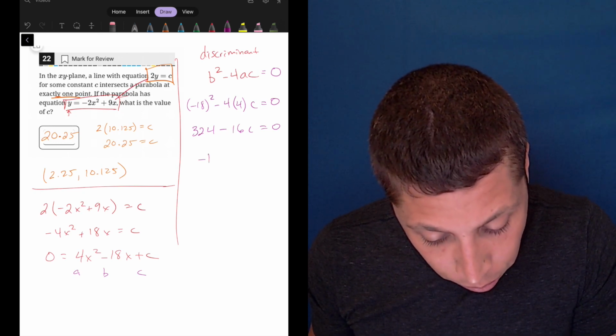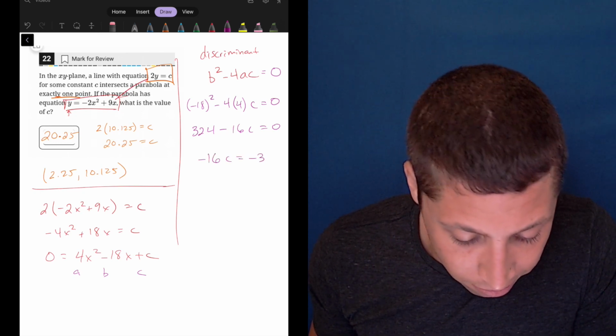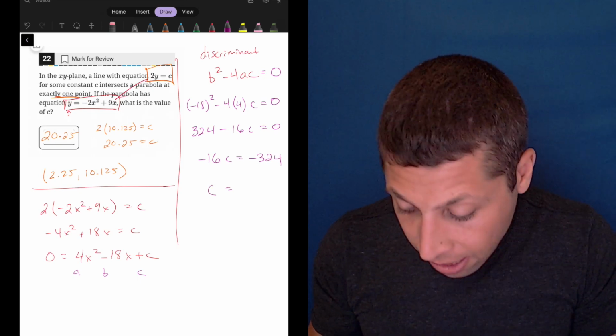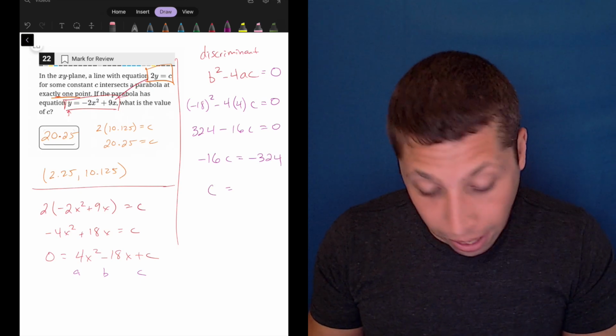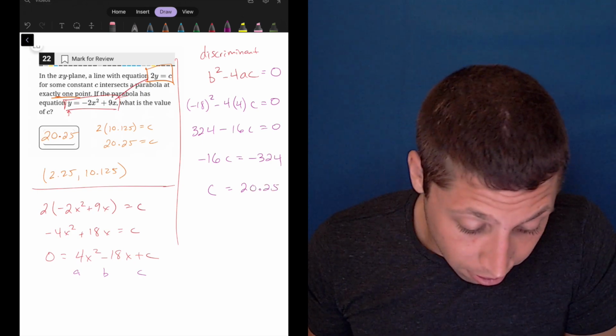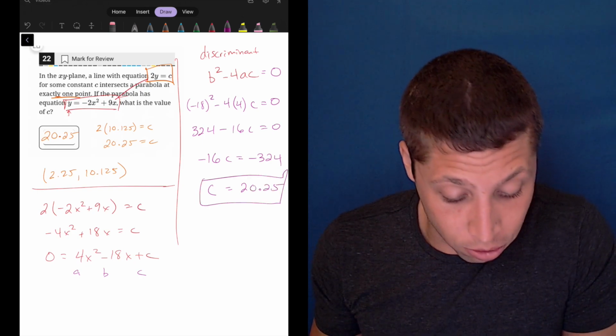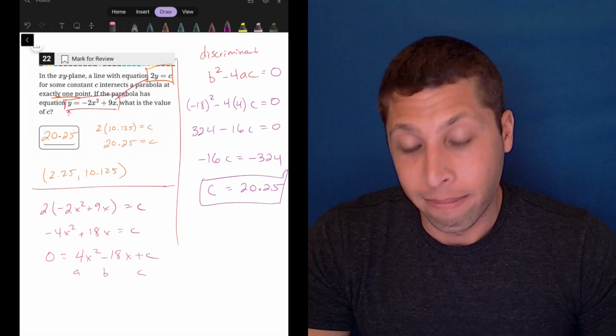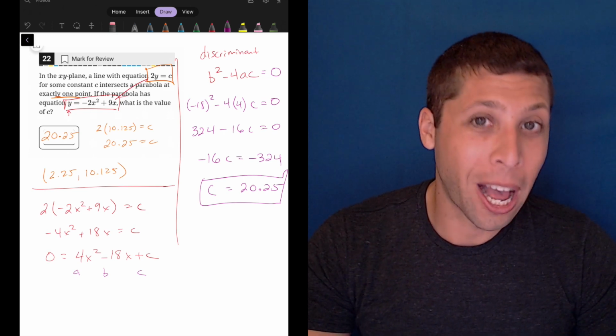So I would subtract 324, I'd get negative 16c is equal to negative 324. I would divide by negative 16, and I would get that c is 20.25, what we got before. Is that better? Probably not.